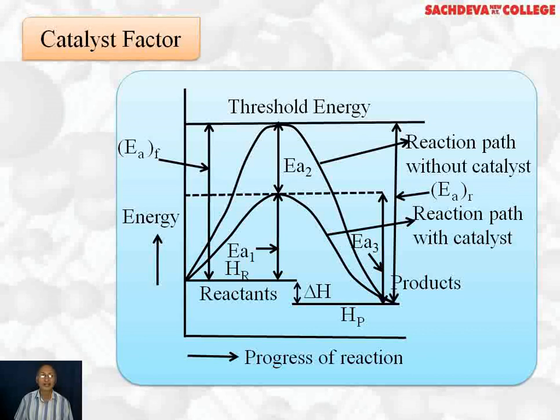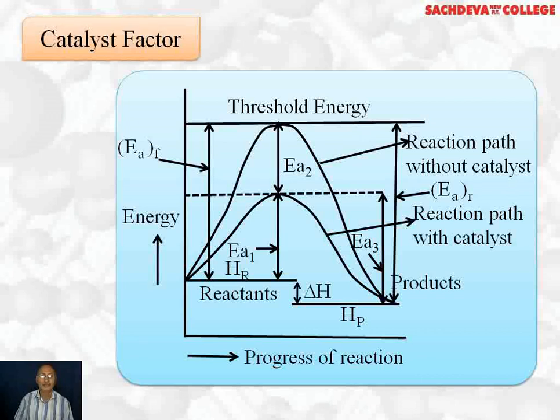Threshold energy and activation energy is higher in the first reaction without catalyst, whereas in presence of catalyst, activation energy has decreased to EA1. Without catalyst, the activation energy for forward reaction is shown on left hand side and activation energy for reverse reaction is shown on right hand side.